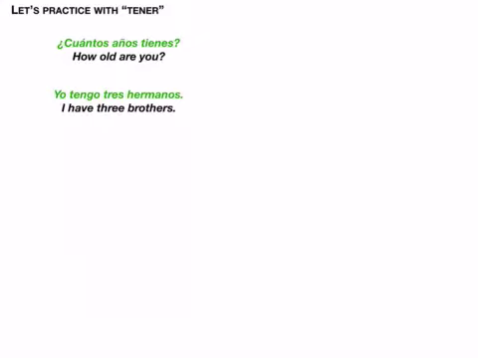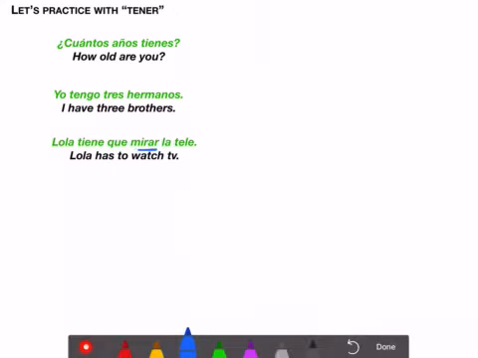Let's practice with tener. Let's translate first from Spanish to English. Try this on your own. ¿Cuántos años tienes? What would that mean? How old are you? Yo tengo 3 hermanos. I have 3 brothers or 3 siblings. Lola tiene que mirar la tele. Lola has to watch the TV. Again, notice the infinitive there.